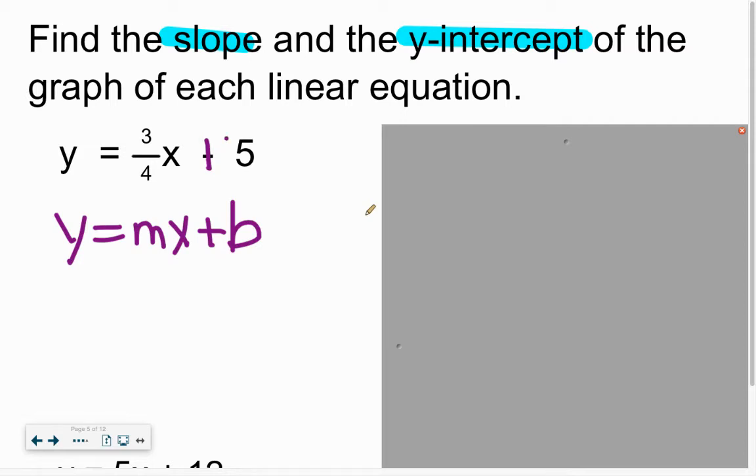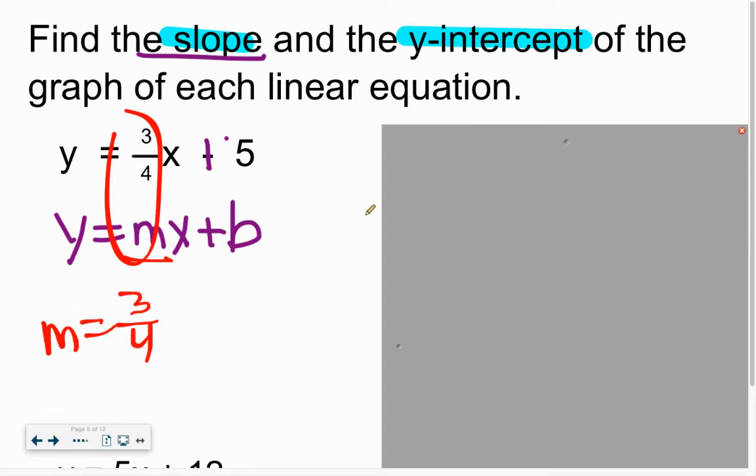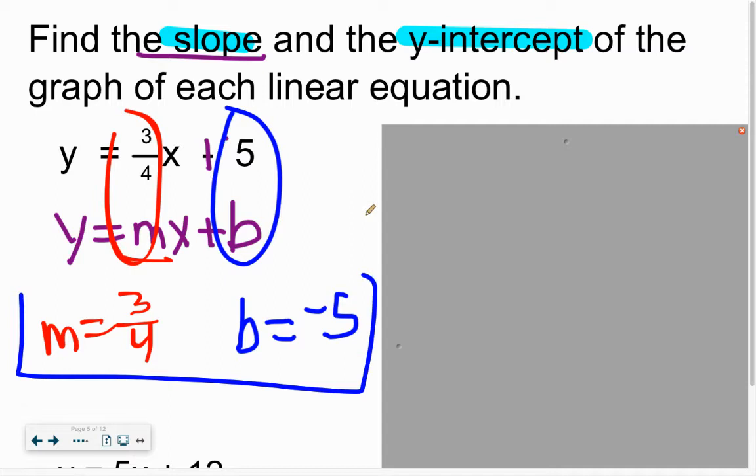Negative 5. Thus, we can say, what is the slope, the m? You can write out the word slope, or you can just tell me m equals 3/4. Same thing, what's the y-intercept? What's in the b spot? b equals, careful, don't lose that negative 5. That's your final answer. Done. Write down the original problem, and then give me the answers.